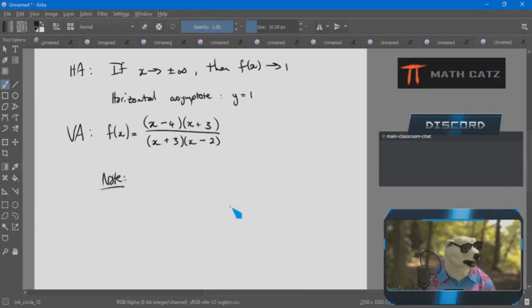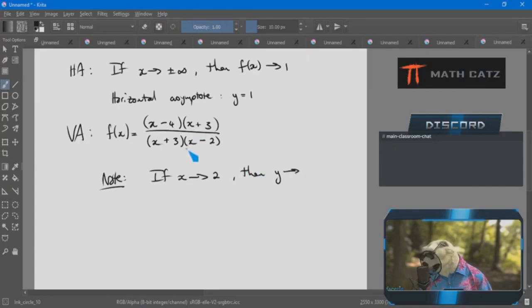Okay, now, when you look at the denominator, I want to note something very important. So I'm going to answer your question about vertical asymptotes anyway right now. Note that if x approaches 2, then the y value does what? Is it blowing up in size? Well, yes, because close to x equal to 2, oops, I can run an arrow here.